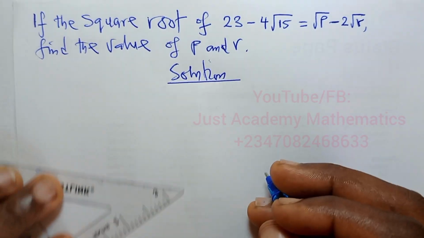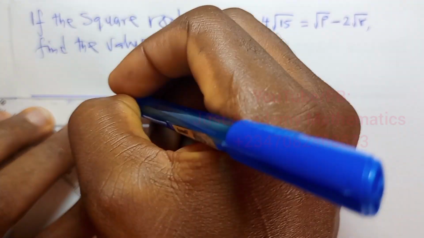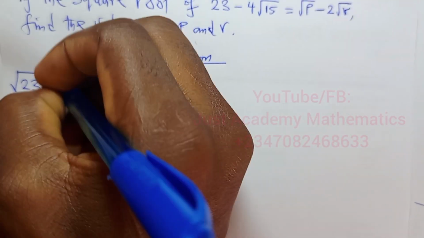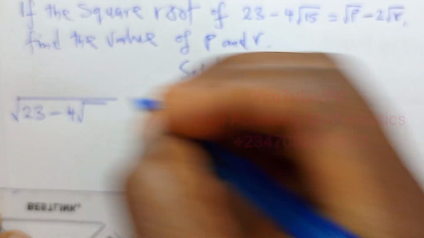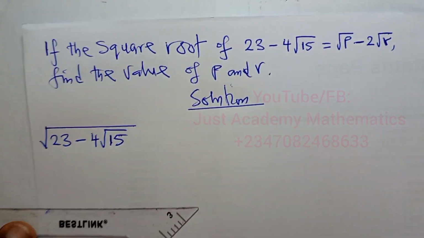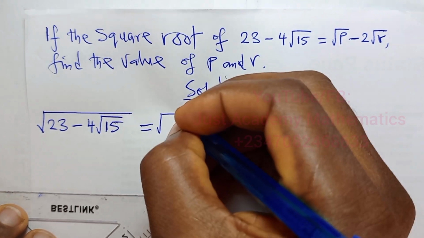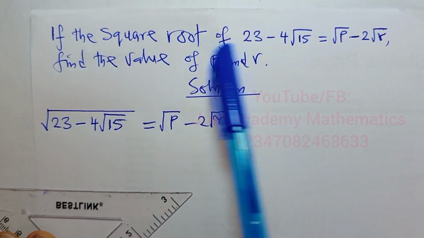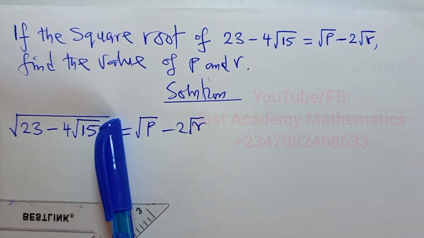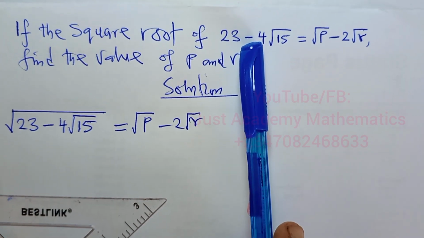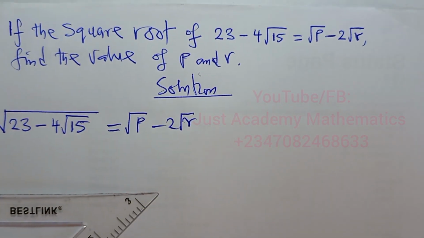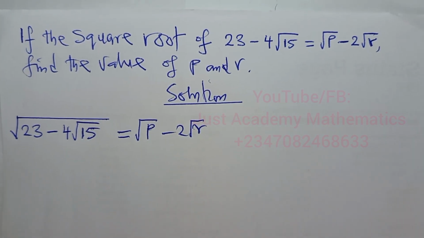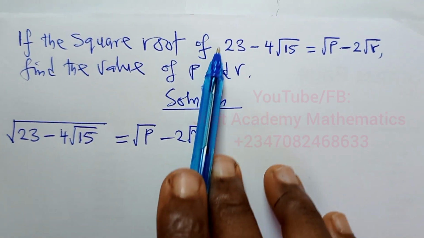We are asked to find the square root of what? We are looking for the square root of 23 minus 4 root 15, which is the same thing as root P minus 2 root R. So the square root of this is this.